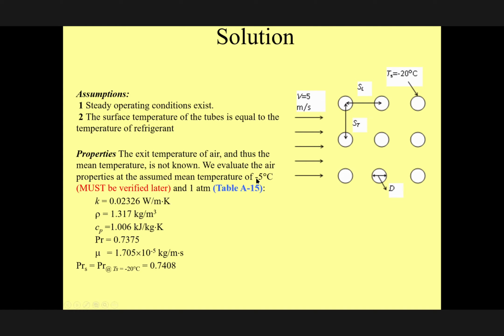Remember that the air is coming in at 0 degrees and the temperature of the tube was -20, okay? Therefore, we can assume the air is leaving at -10. Therefore, we can calculate the physical properties at the mean temperature. Again, we always have to come back and verify this.